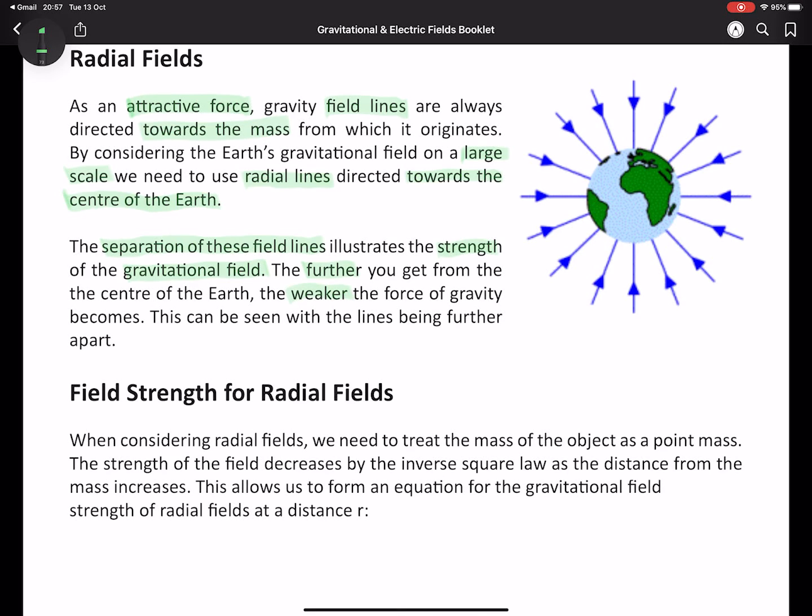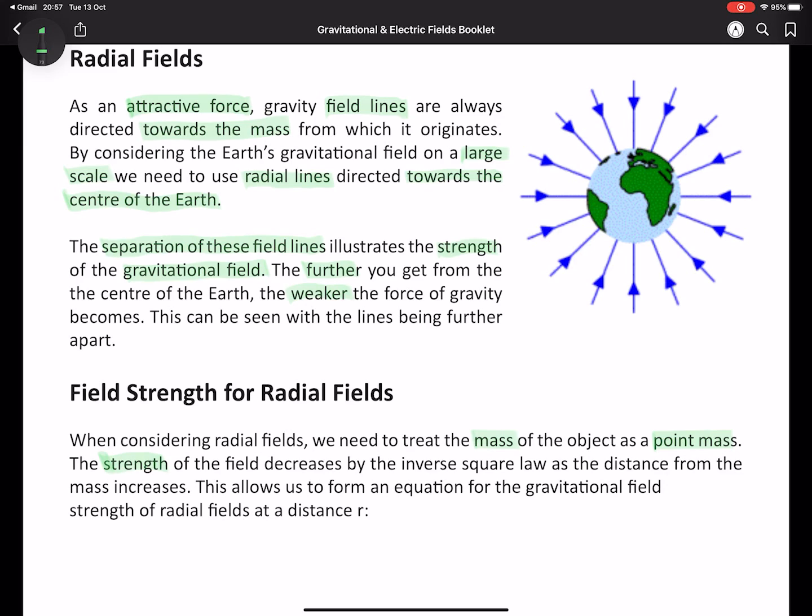So the further away you move from the center of mass, you notice that the lines separate more and more, which means the force is weaker. As you approach the surface, they get closer together, resulting in a stronger field. So throughout all of this, we are treating the Earth as a point mass.